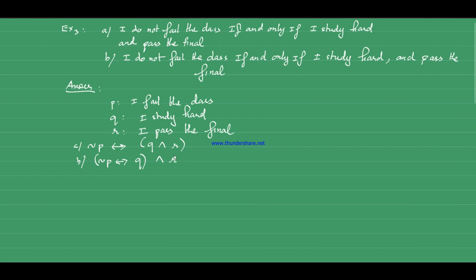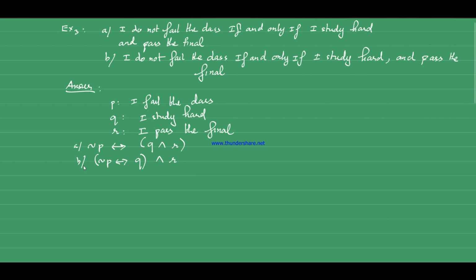There you go. That's the difference between the two symbolic statements when we have a different location for the comma. So you have to be careful with the comma right over here.